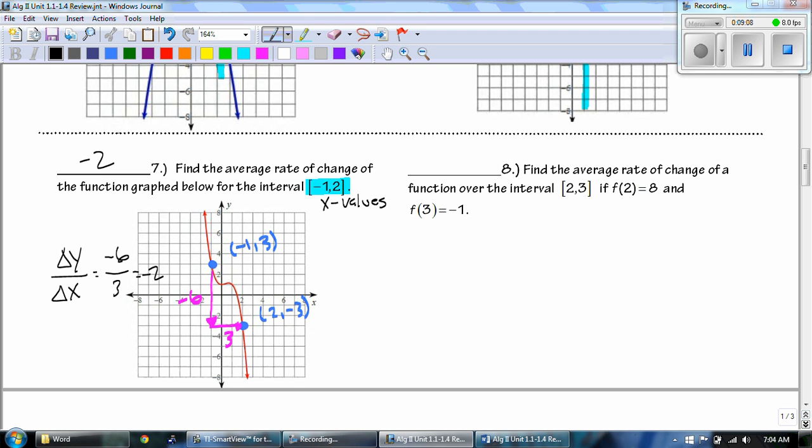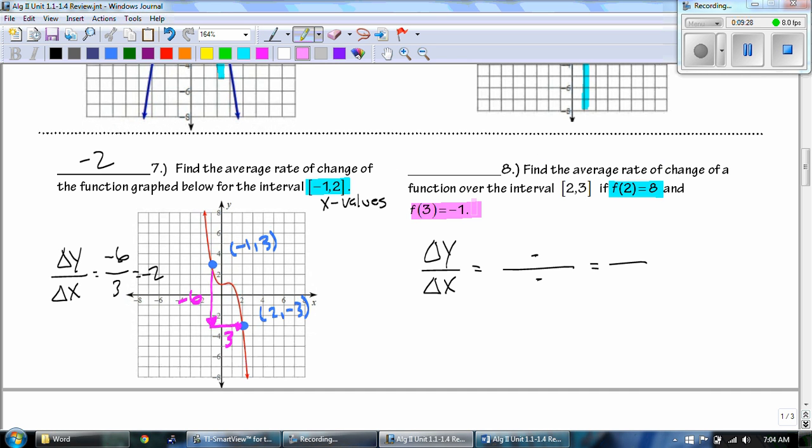Right, and then for 8, we're doing the same thing except there's no graph, so we have to do it by hand. We gotta be like, all right, so what's our change in y over change in x? And remember, that's when we were using the slope formula, okay? But we need 2 points. Well, I have 2 points.